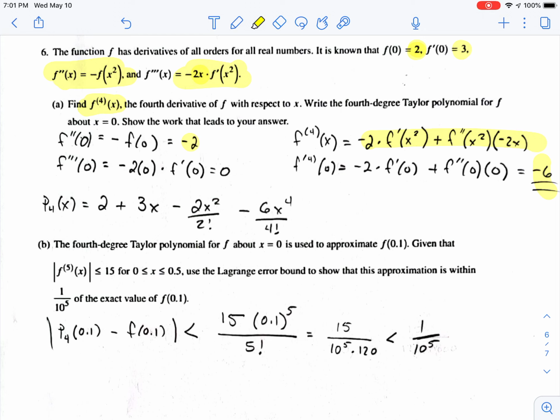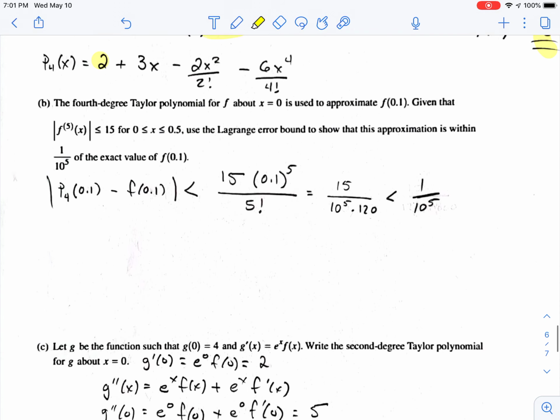You have -2 times 0. So it's going to end up being 0, and so we don't have that. So then whenever we go ahead and make our Taylor polynomial, it's just going to be 2 plus 3x minus 2x squared over 2 factorial. There is no x to the third term because our third derivative at 0 is 0. And then our fourth derivative is -6. So we have minus 6x to the fourth over 4 factorial.